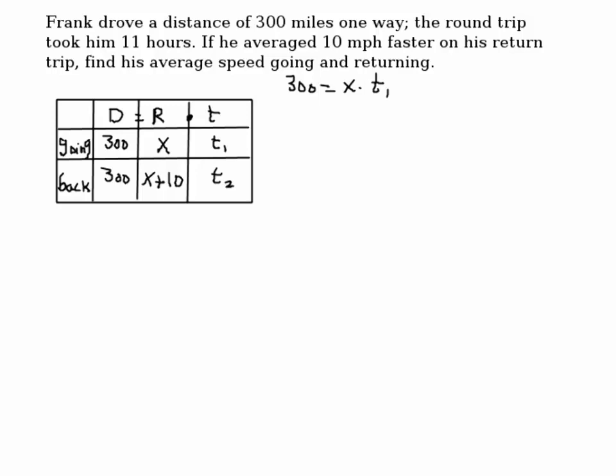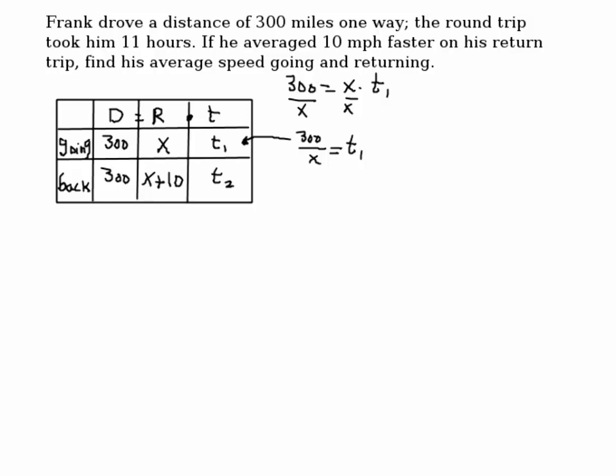How do you solve for t1? You need to divide both sides by x, right? So 300 over x would be the time here that we record. It would be 300 over x.